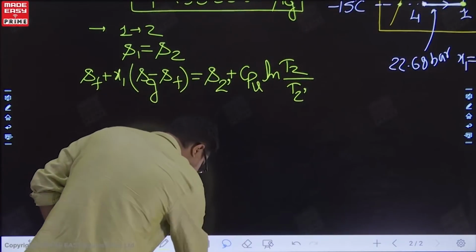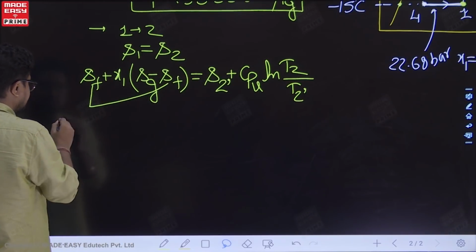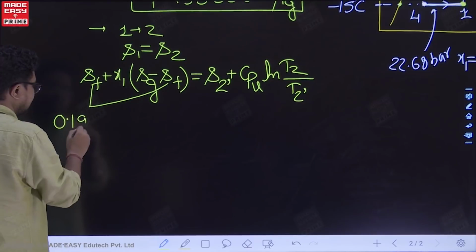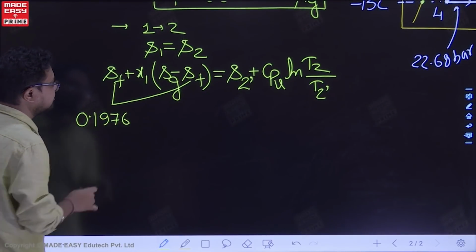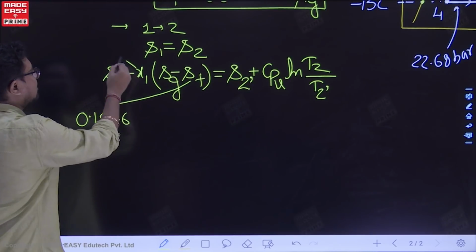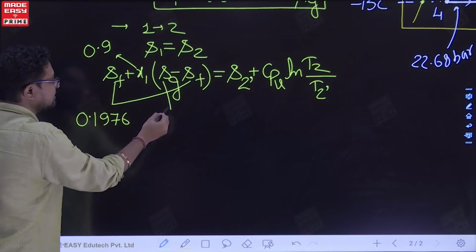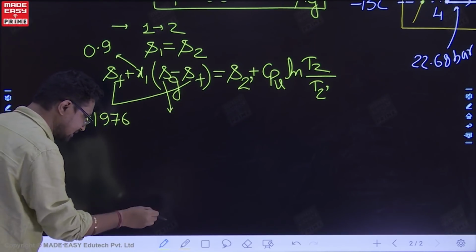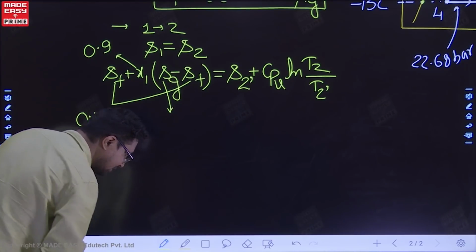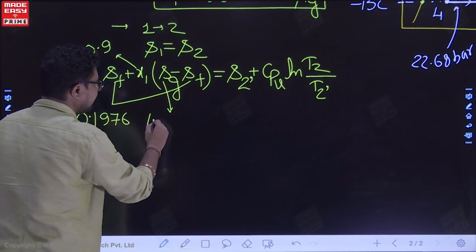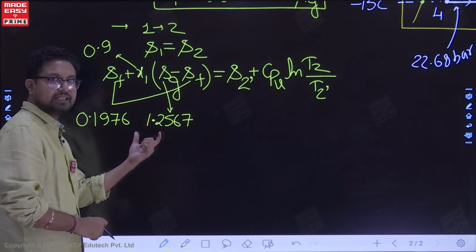SF is 0.1976, and the dryness fraction we already know is 0.9 for point 1. Sg we also know from the table, 1.2567.